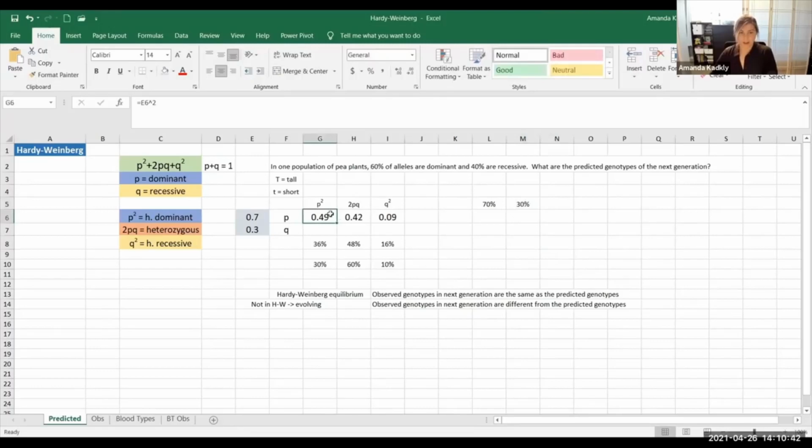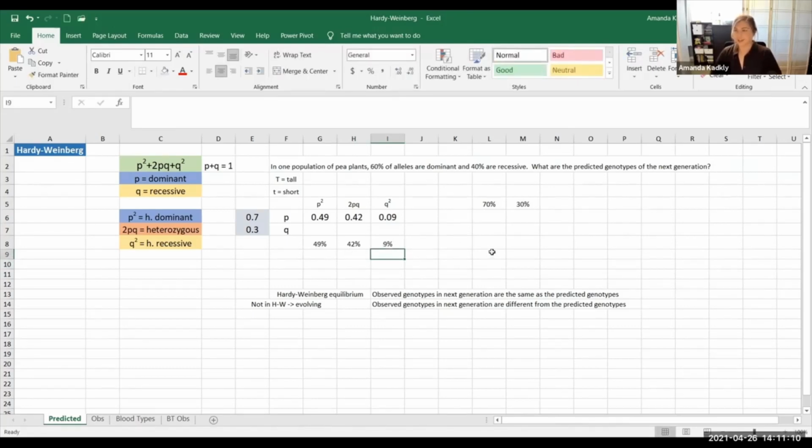And if we filled it in to p squared, 2pq, and q squared, it would give us these frequencies. We would have 49%, 42%, and 9% for homozygous dominant, heterozygous, and homozygous recessive.